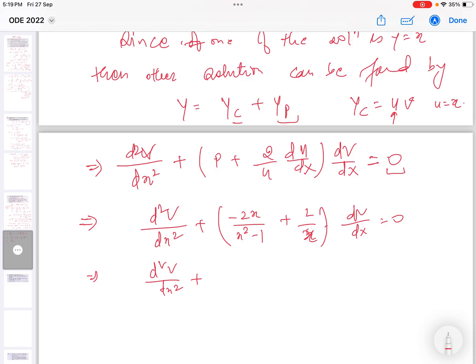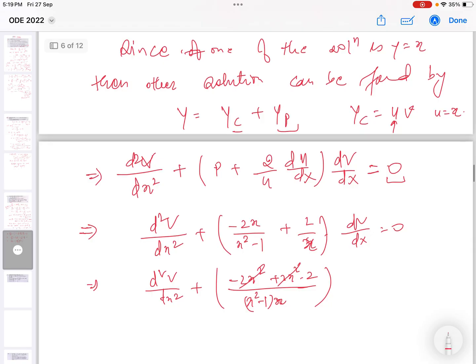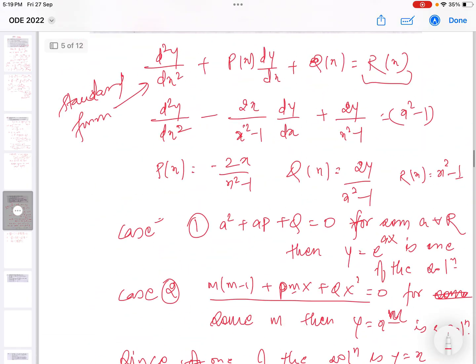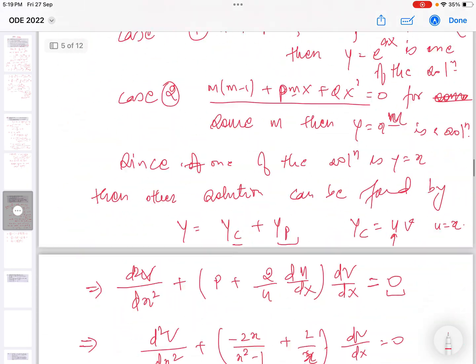If we multiply it by x square minus 1, the 2x square minus 2 terms get cancelled. Yeah, fine, it's no problem. So calculation wise we are all done.